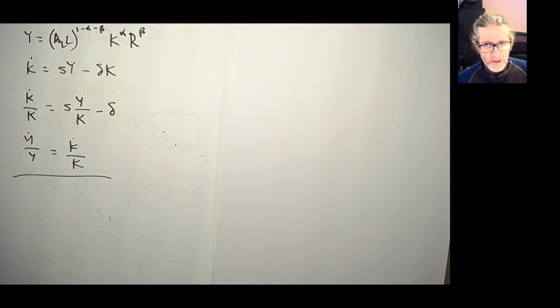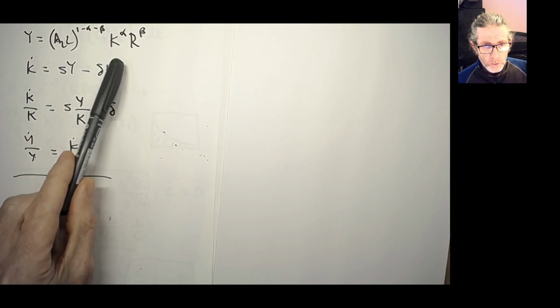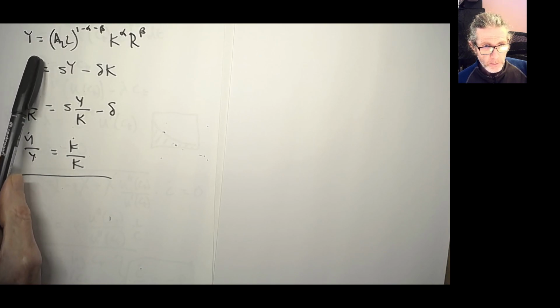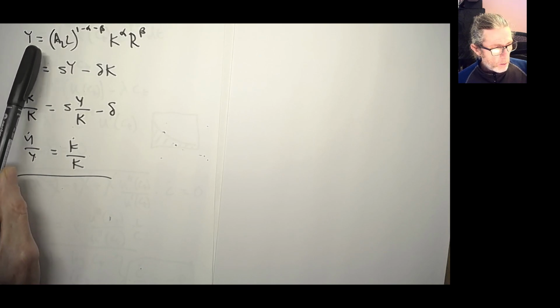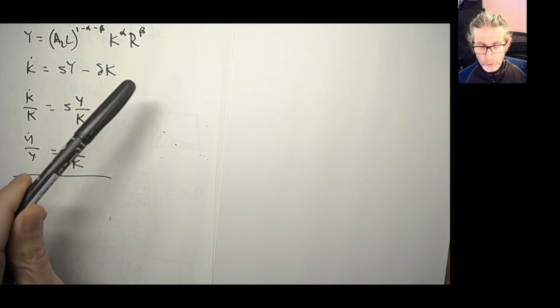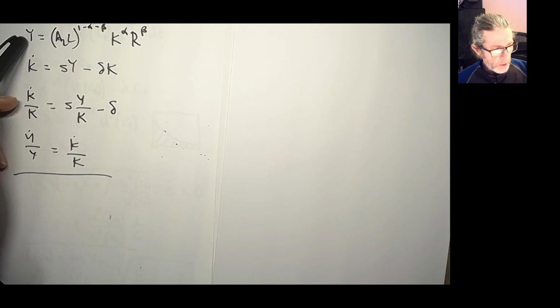What's the other thing we need to do? We need to differentiate Y with respect to time. When we differentiate Y with respect to time, we differentiate it with respect to each of the variables, and then we differentiate the variable with respect to time. And then we add up all the effects, right? So if AL is increasing, how much does Y increase?